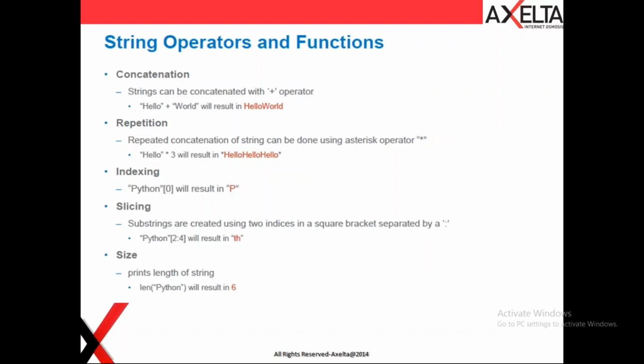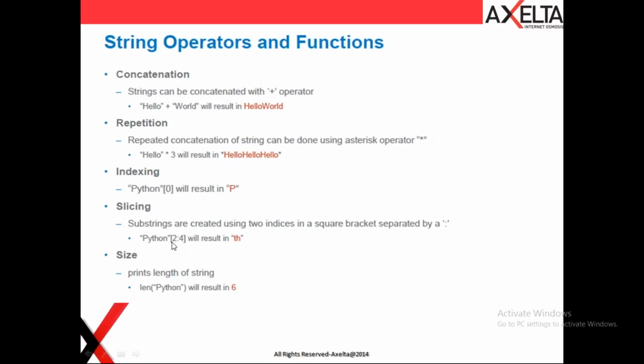So here slicing is an operator we have. It is indicated by square brackets. Mainly it is used for accessing some set of characters which are there in that string. This slicing again will have two indexes. See, in Python, 2 and 4. 2 is the starting index, 4 is the ending index.